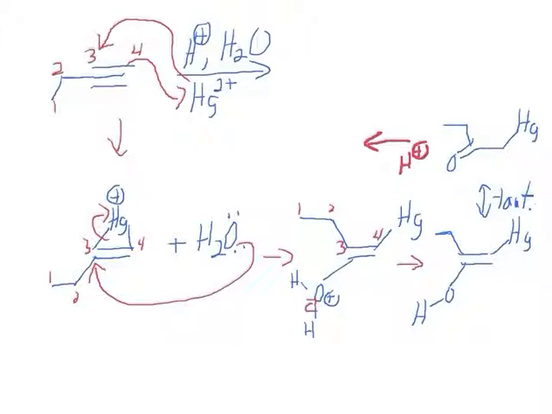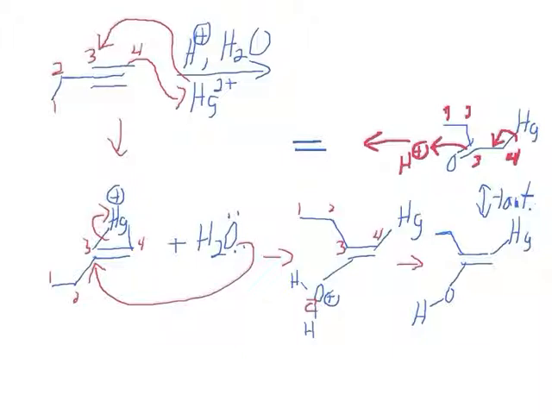Right, so H plus is around, so the pi bond attacks H plus, the mercury leaves and forms a new pi bond, right? Number of carbons 1, 2, 3, and 4. So now there's a new pi bond between which two carbons? 3 and 4.